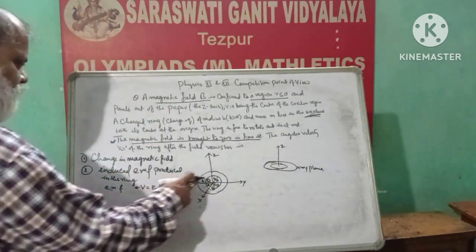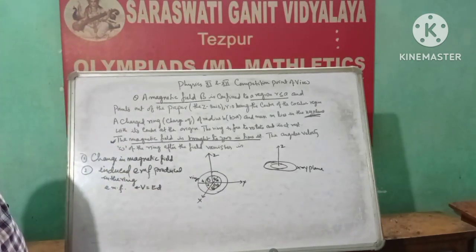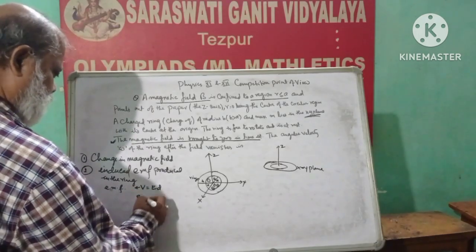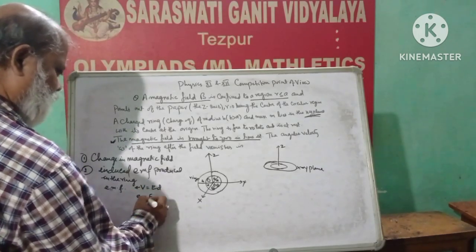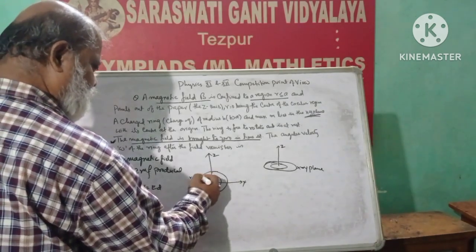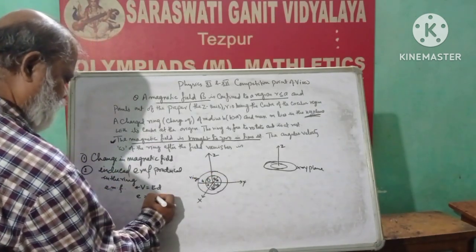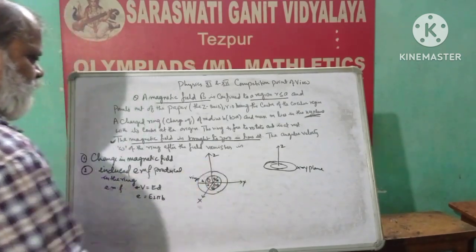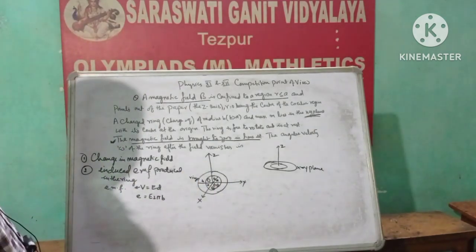Here E is the electric field, and d is the distance, that is the circumference, 2 pi B, of the ring. This is the ring.